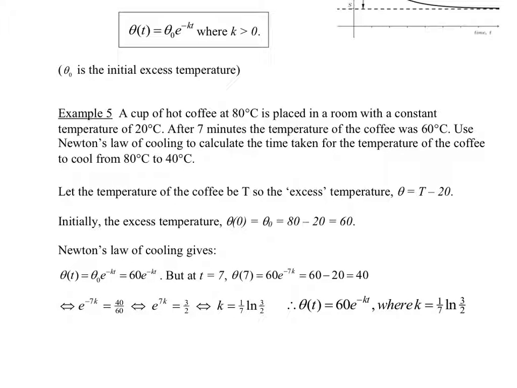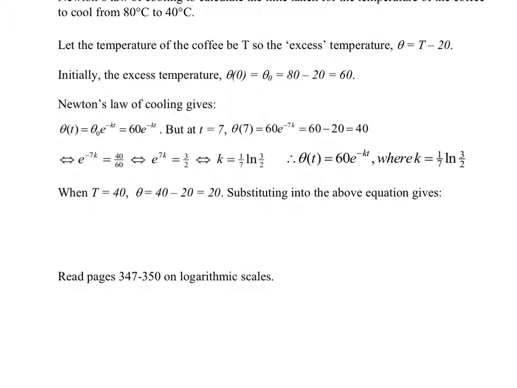We substitute that into the equation we have above. If we do that, we get an equation that we can solve, especially now that we know what k is equal to.